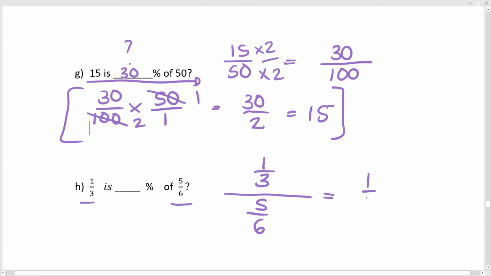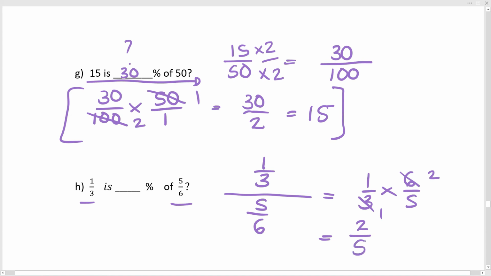What we're going to do is tip and times. Remember that this divide line is telling us that it's 1/3 divided by 5/6. So that means I'm going to tip and times and I'm going to say it's times by 6 over 5. Then we can work that out. 3 goes into itself once and into 6 twice. 1 times 2 is 2 and 1 times 5 is 5.